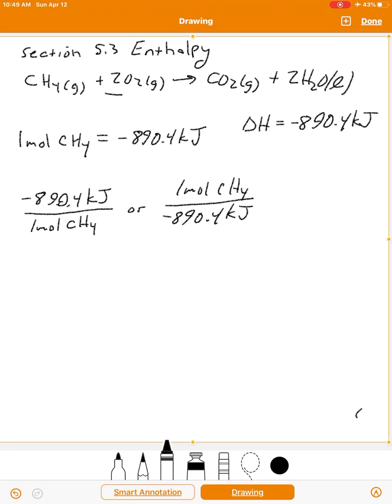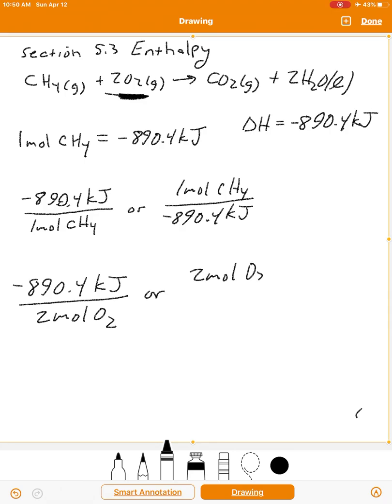Or suppose I said for this particular reaction, let's use oxygen. Then I could say minus 890.4 kilojoules of energy is what you get when 2 moles of oxygen reacts in this particular chemical reaction. Or 2 moles of oxygen react, and that gives you minus 890.4 kilojoules of energy.